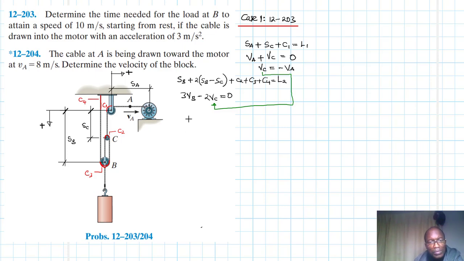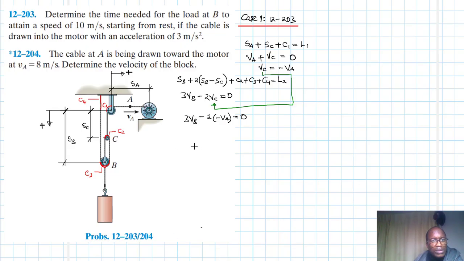When we do so, then we are going to have 3VB minus 2 times minus VA equal to 0.